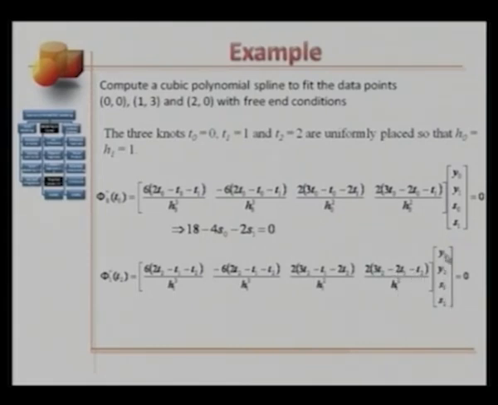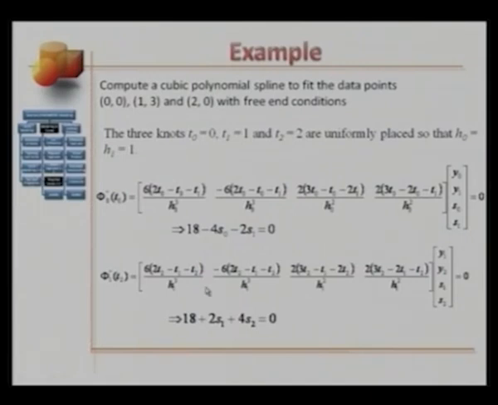The column here will have y1, y2, s1, and s2. Working on this equation gives us 18 plus 2 s1 plus 4 s2 equals 0. We have this equation in s0 and s1, and we have this equation in s1 and s2.